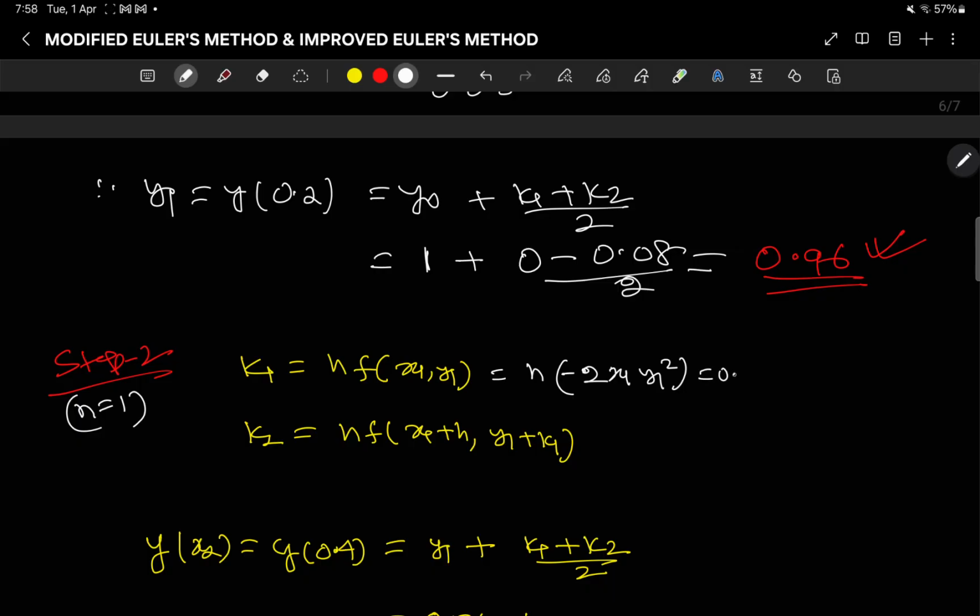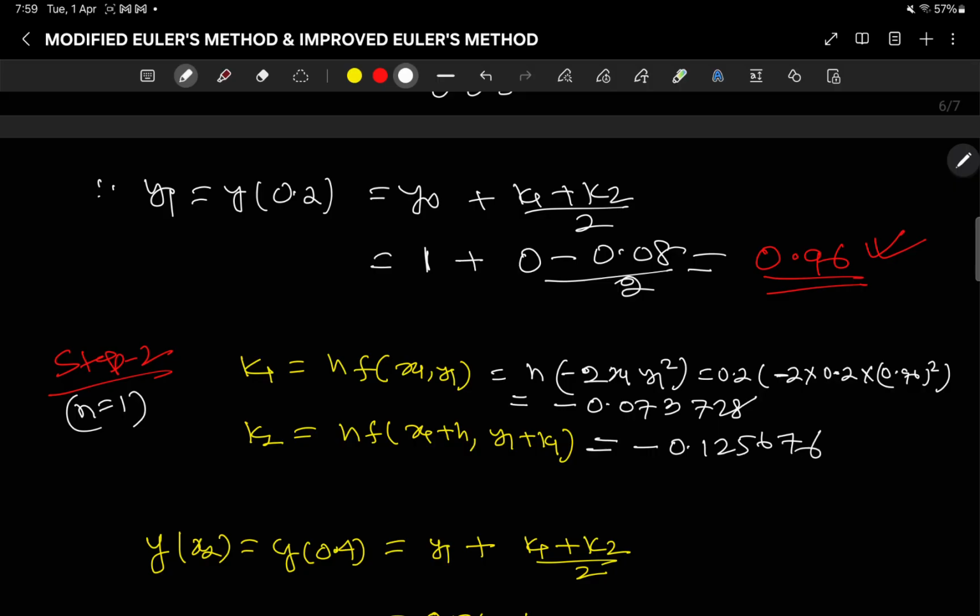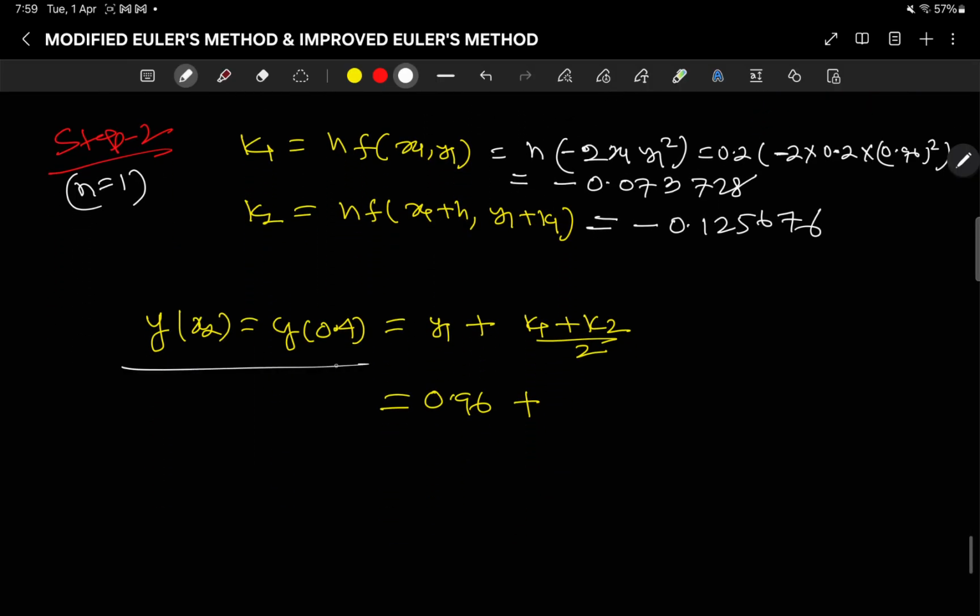So h is 0.2 into minus 2 into x1 is 0.2, y1 is 0.96 square. If I simplify it, I am getting k1 is minus 0.073728. Similarly, if I simplify it, k2 is minus 0.125676.